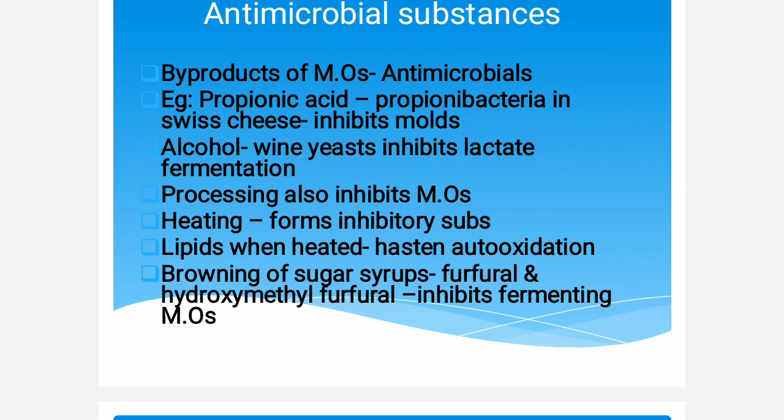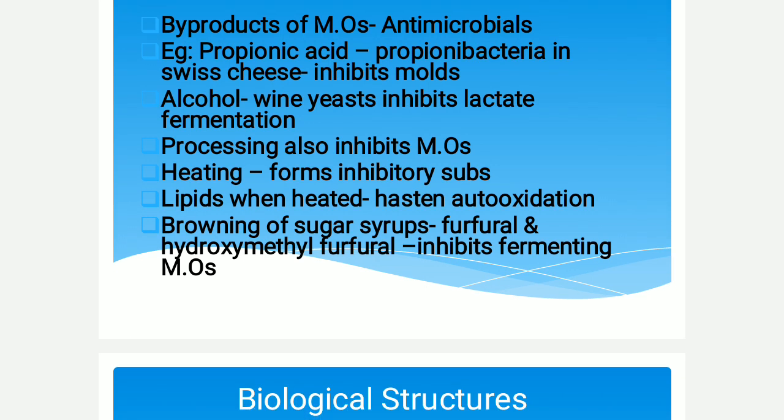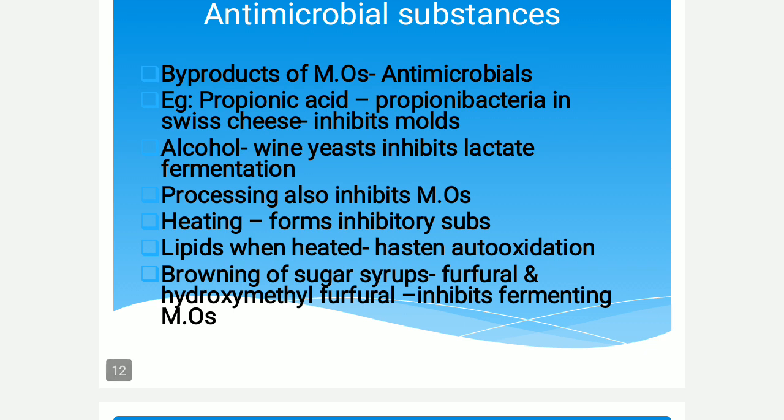Nisin is produced by certain strains of Streptococcus lactis. This inhibits lactate fermentation. Certain processing also inhibits microorganisms. Heating foods may result in the formation of inhibitory substances. Heating lipids will hasten auto-oxidation and make them inhibitory.